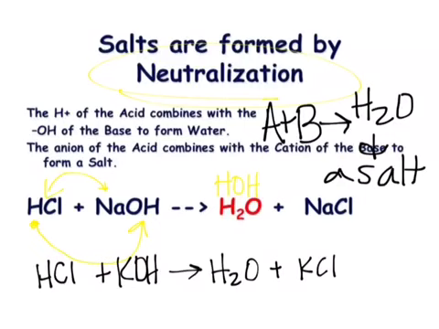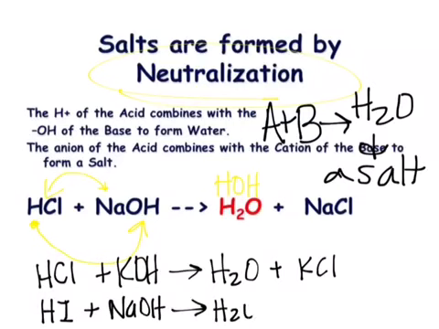If we had HI and we had NaOH, our two products are going to be water and NaI. So we have the water, and these are all salts. Okay? All right. Any questions on that?